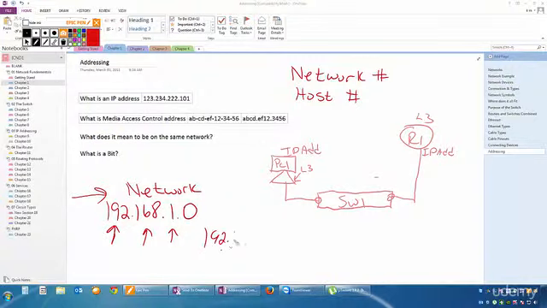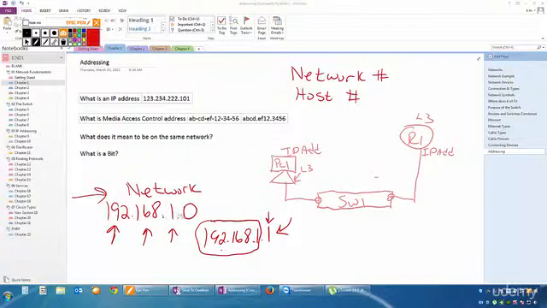If I had a number of 192.168.1.1, that means this is really the host number. That's interesting, because that means every PC, every router, everything that has an IP address will have a network number and one number that identifies them on that network.